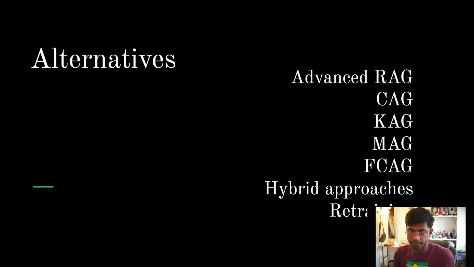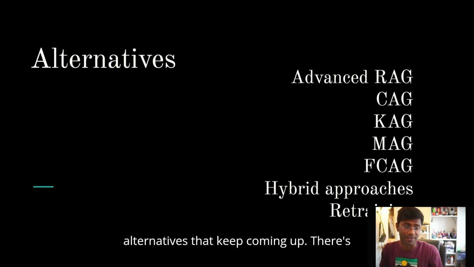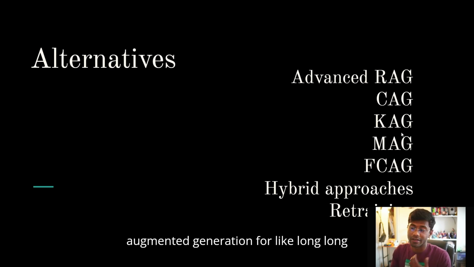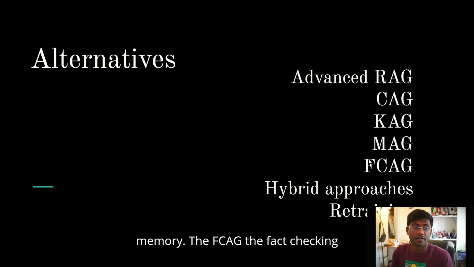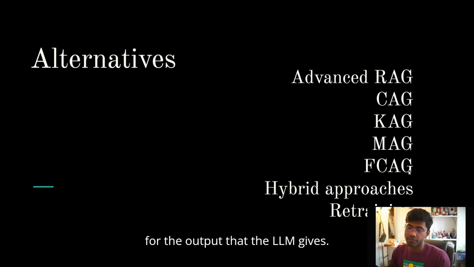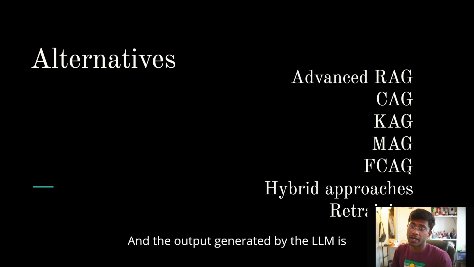Now there's a ton of alternatives that keep coming up. There's advanced RAG, cache augmented generation (CAG), knowledge graph augmented generation, memory augmented generation for long context conversation-based memory, and FCAG, the fact checking augmented generation, where you use a database of facts that could be cited as the source for the output that the LLM gives, and the output generated by the LLM is then checked against this database to ensure that these facts are being maintained.